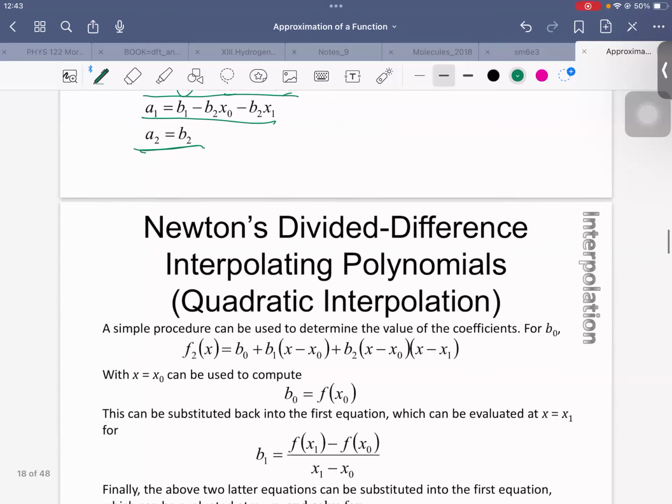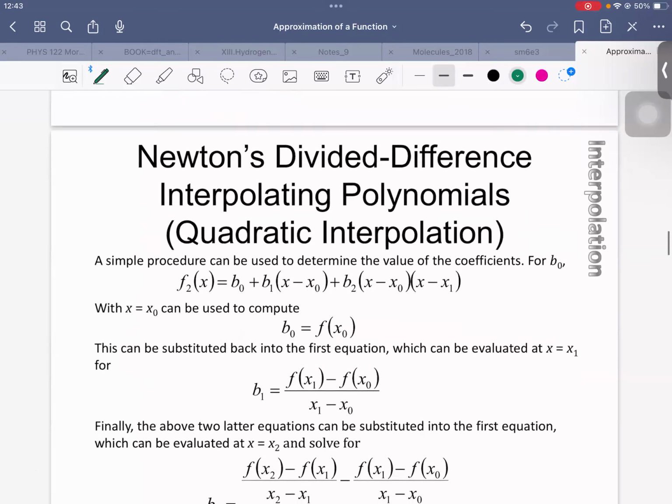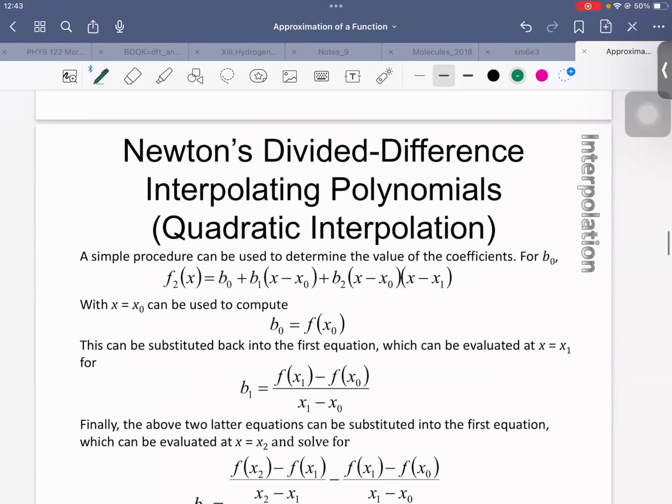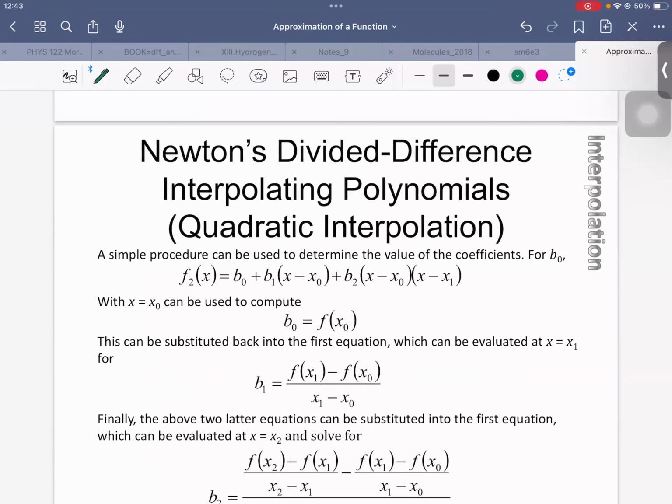Now, to determine the coefficients, what we can do is assume a value of X. You set the value of X in individual trials to get some values. For example, if you set X as X0, this term will vanish.